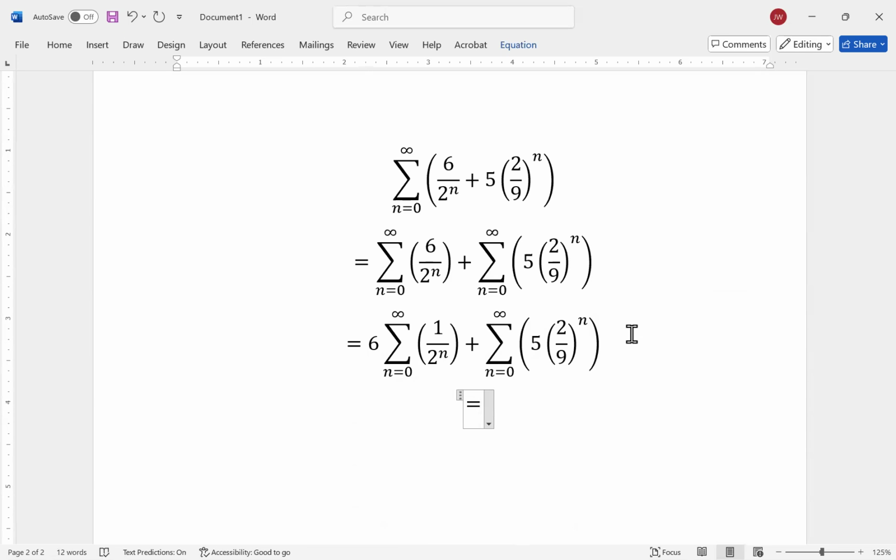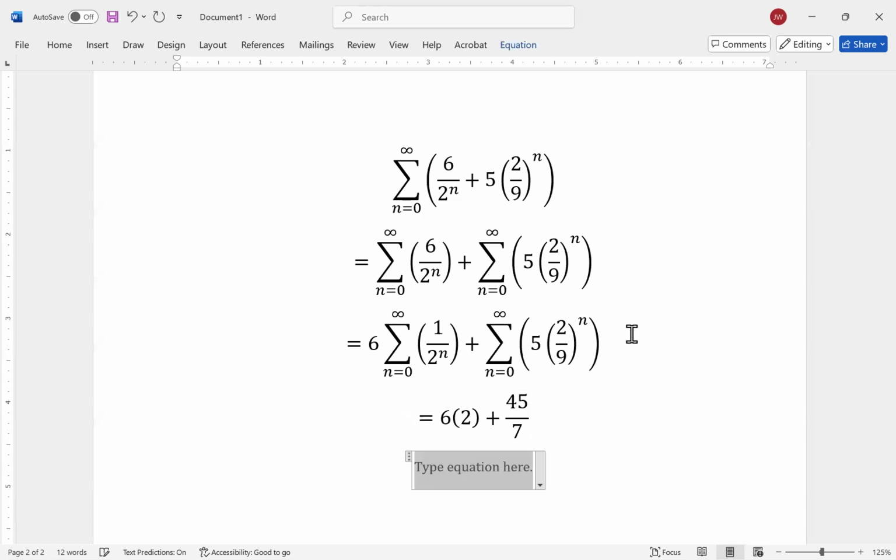And the first one is going to be 6 times the infinite series, which adds up to 2, or converges to 2. So that's simply going to be 6 times 2 plus 45 over 7, which is 18 and 3/7.